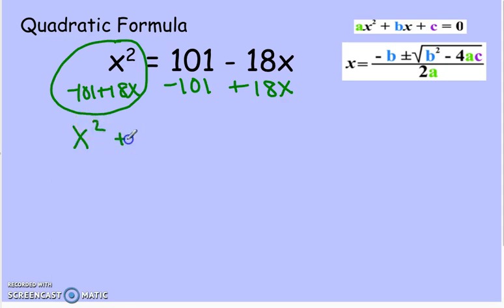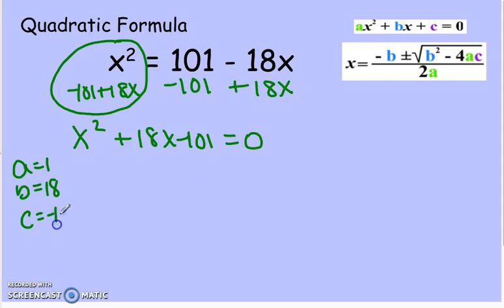x squared plus 18x minus 101 equals 0. Now that we're in standard form, a is 1, b is 18, and c is negative 101. Make my big long fraction bar here. I'm going to plug in negative 18.